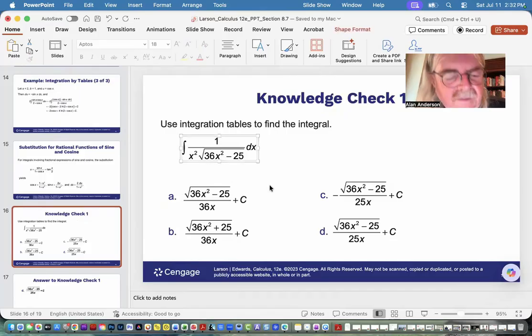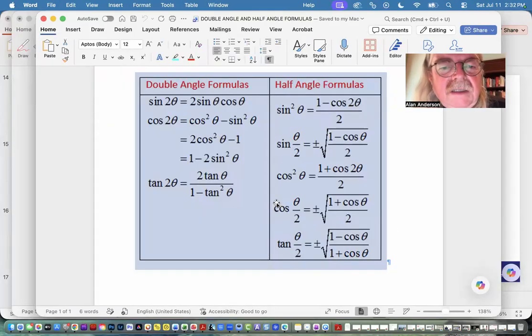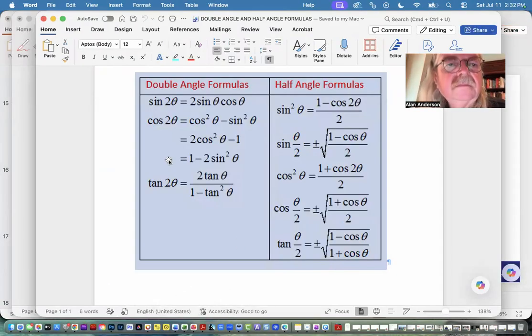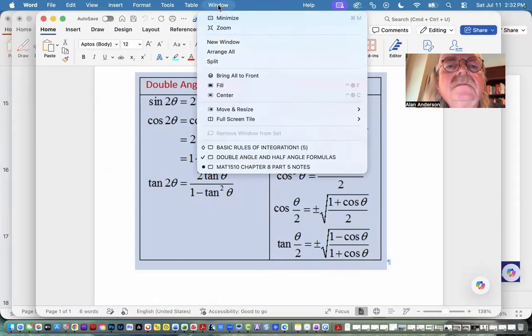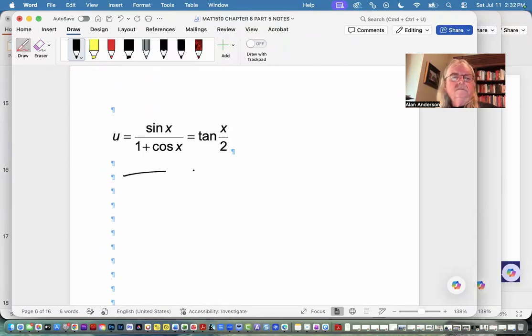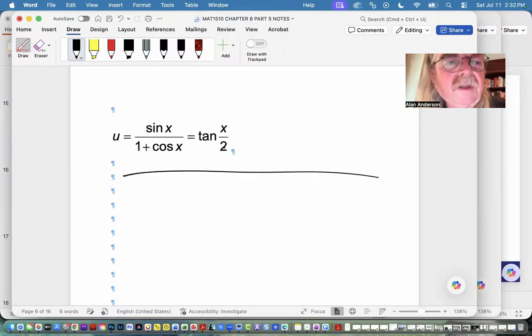All right, so now we're going to look at one of the tables and see what we can come up with here. Now, if we get lucky, it'll be one of the straightforward ones.